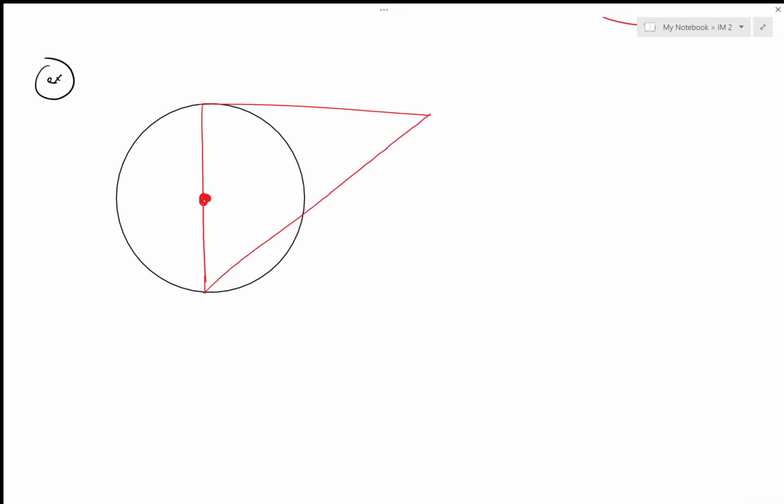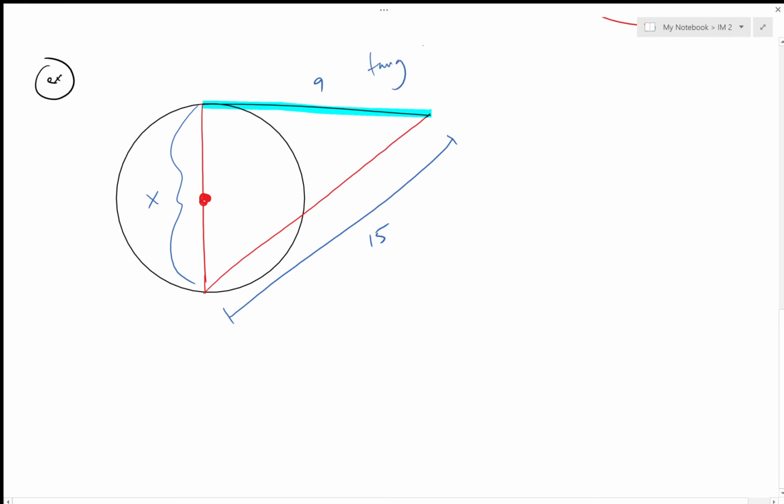All right, so we need to find out this distance here, x. This side is 9. This side from here to here is 15. And they're telling us that this line over here is already tangent to the circle. It is tangent. And what it means by tangent is that it makes a right angle with the radius. So that is a right angle.